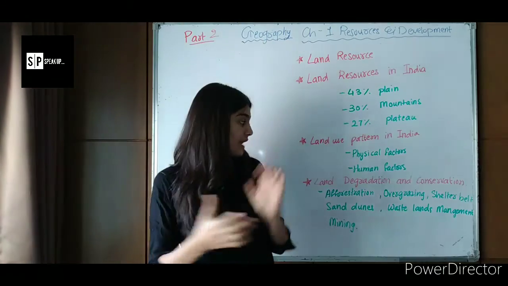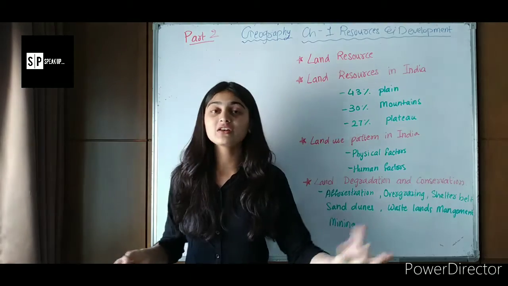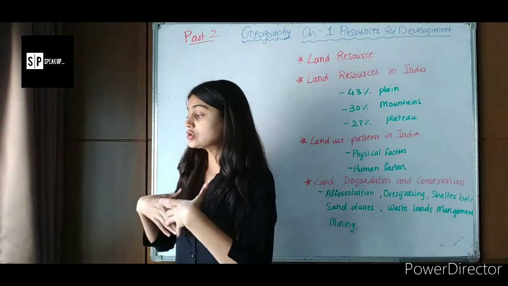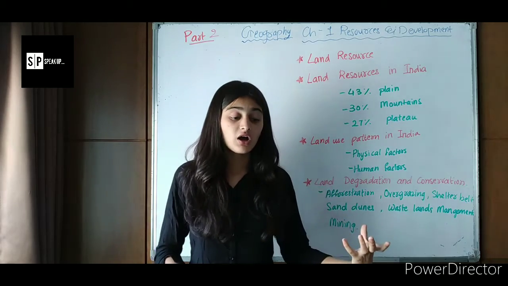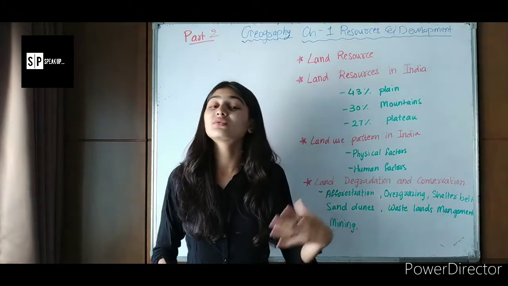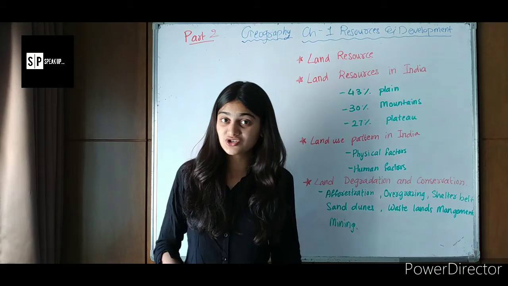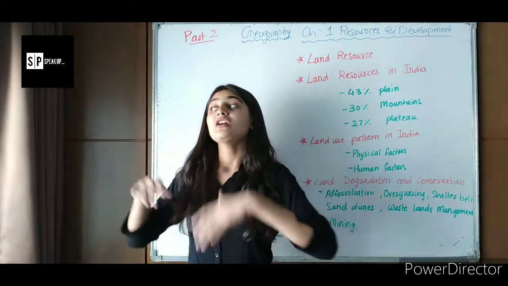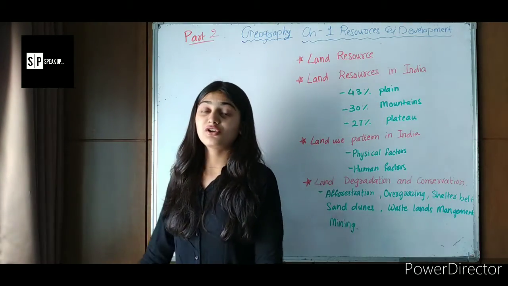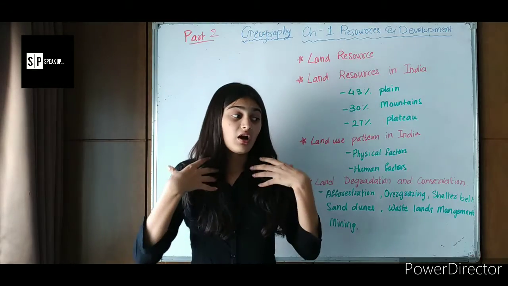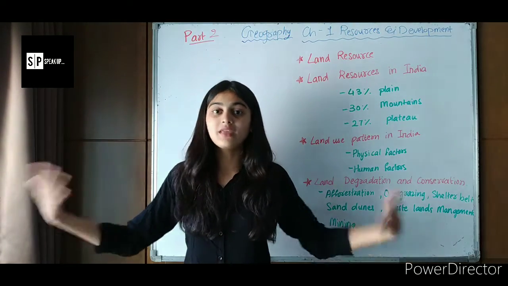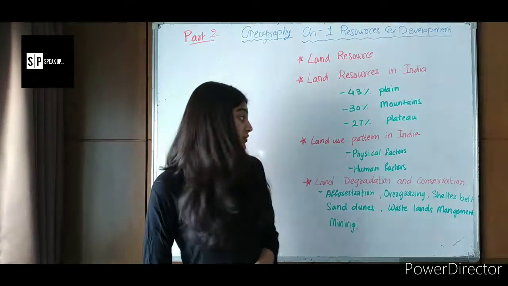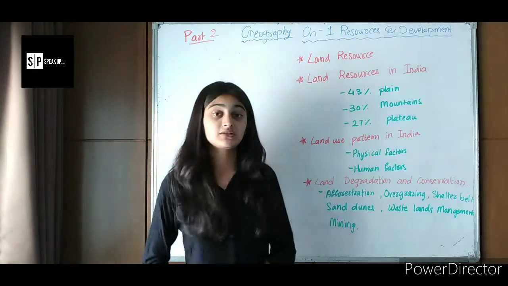And for human factors, we can use technology on that land to mine something, we can use economic facilities to have residential facilities there, and we can use it for cultural or traditional purposes. So this was about the land use pattern in India.